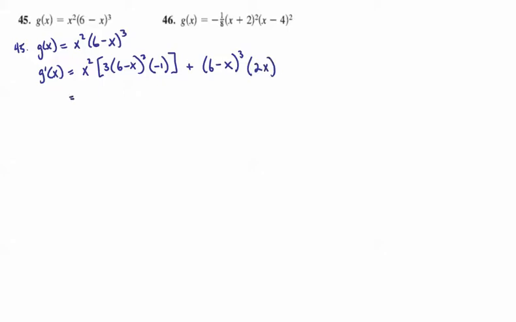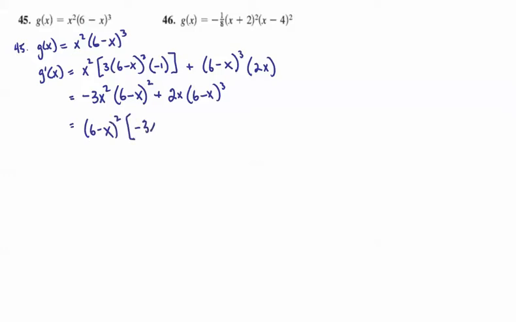So let's simplify this up a bit. We get negative 3x squared times (6 minus x) to the second plus 2x times (6 minus x) to the third. We'll factor out the least common multiple, which is (6 minus x) to the second.